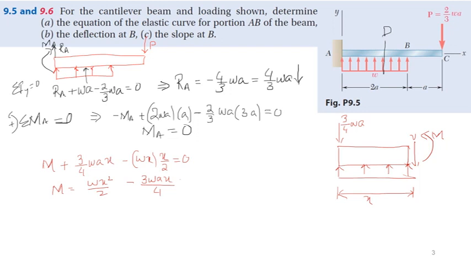Now the differential equation of the elastic curve we can write as EI d2y by dx squared equals wx squared by 2 minus 4wax by 3. Sorry, that was 4 by 3, not 3 by 4.